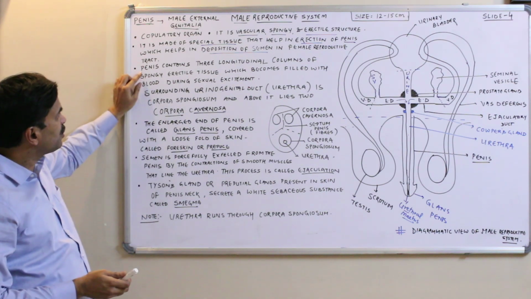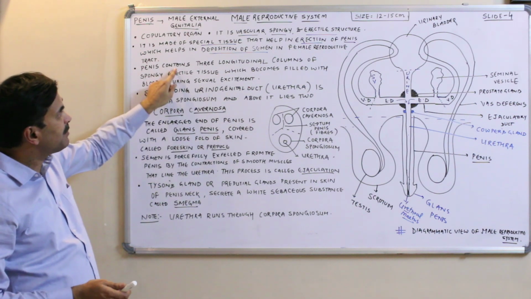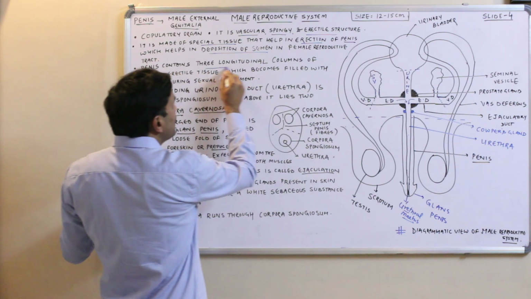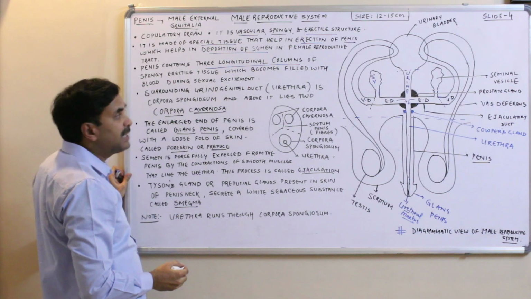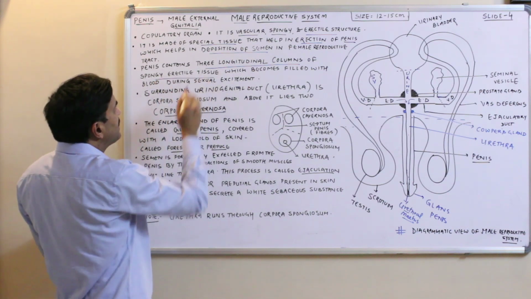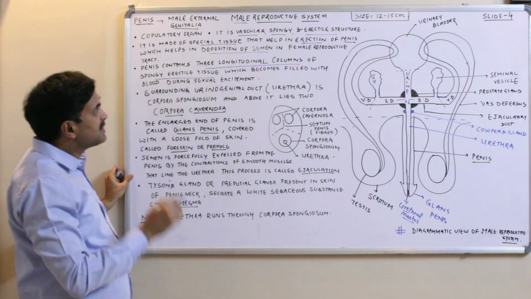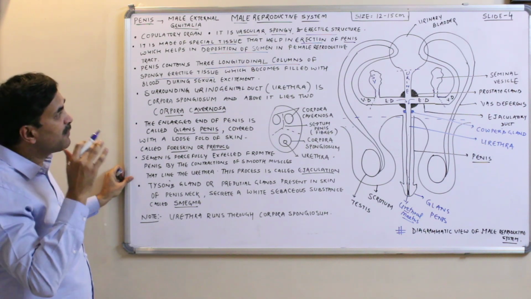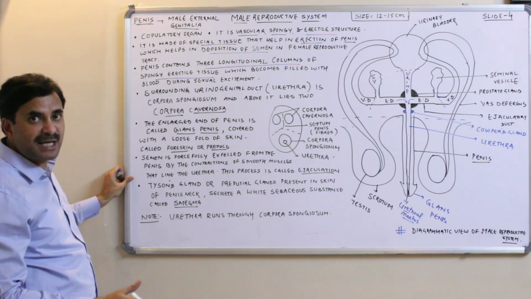Not only this, you can see in this diagram that the penis contains three longitudinal columns of spongy erectile tissue, and these longitudinal columns are filled up with blood during sexual excitement.